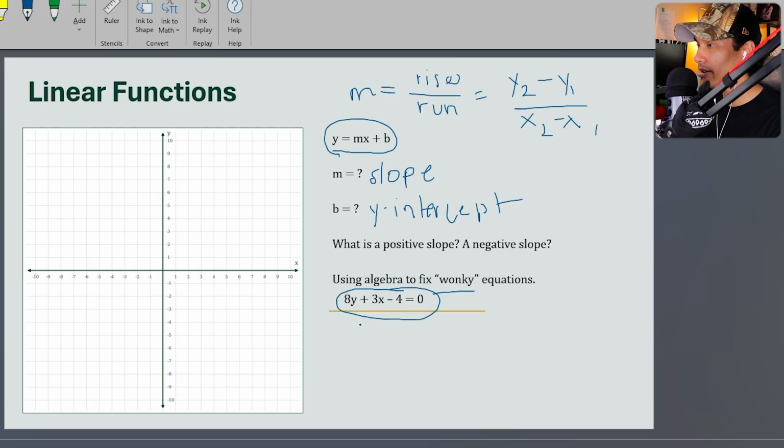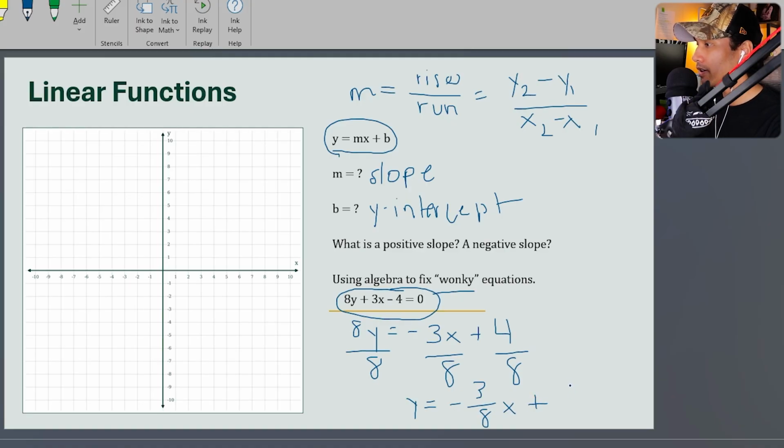So we have 8y equals minus 3x plus 4. And I'm going to divide by 8, divide by 8, and divide by 8. Then I get y equals negative 3 over 8 x plus, and what is this simplified? It's 1/2.